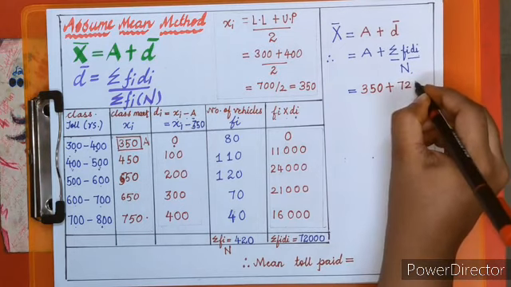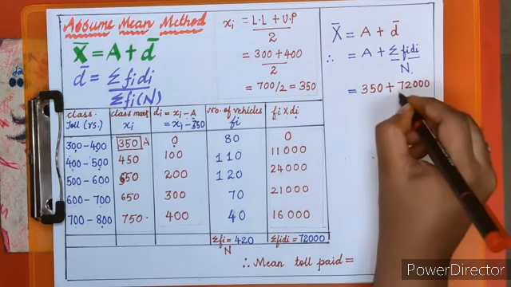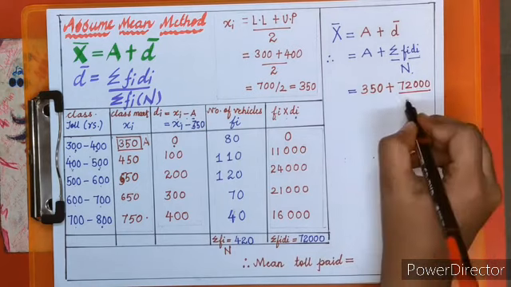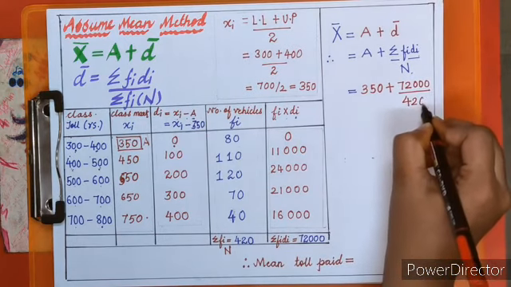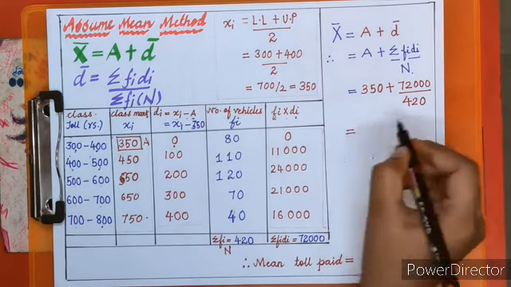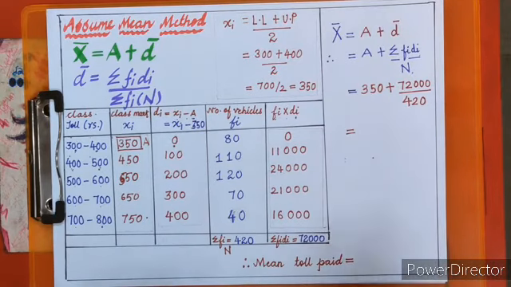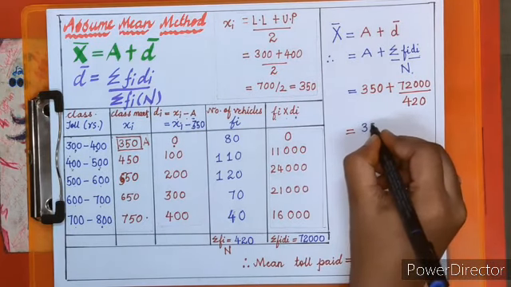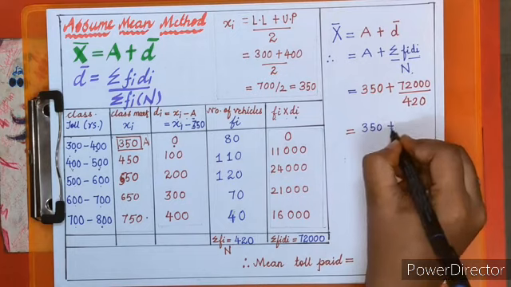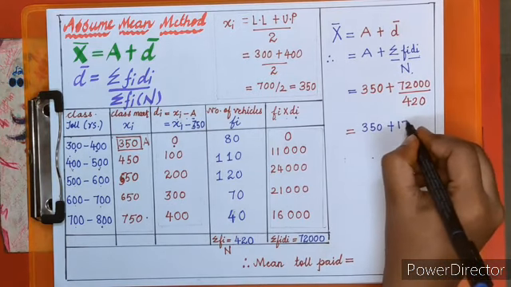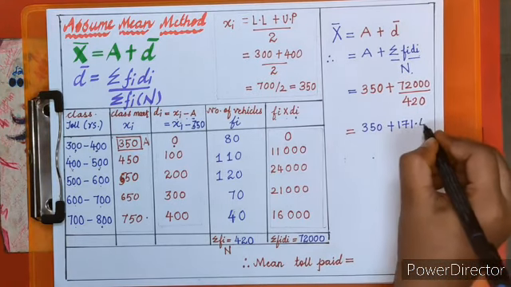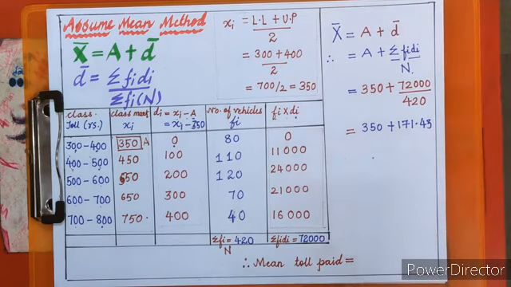What is your summation of frequency into deviation? It is 72,000 divided by 420. So we will simplify first. 72,000 upon 420 is 171.43.